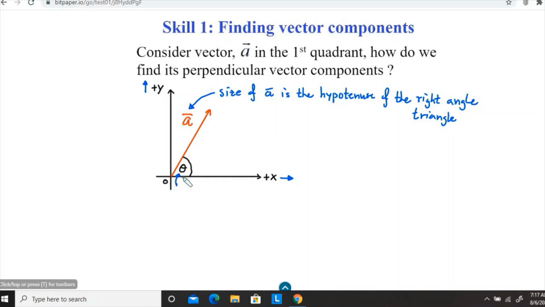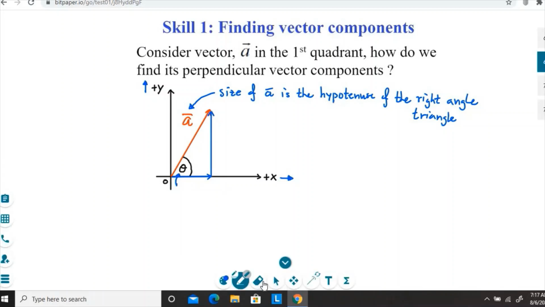Now the two sides of the right angle triangle. First I'm going to represent the side along the x direction, or the positive x direction. So that's this vector. And then the side along the positive y direction, that's represented by this vector over here.